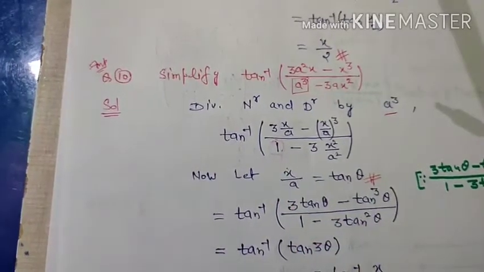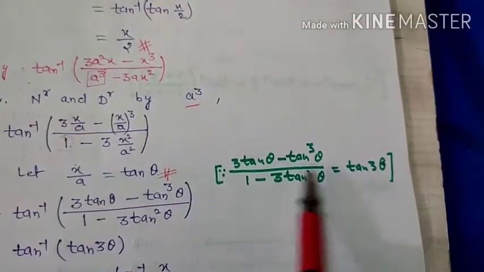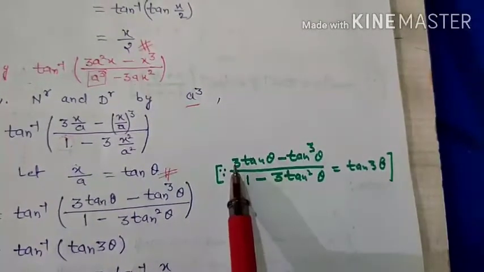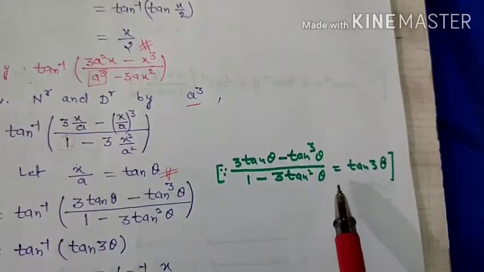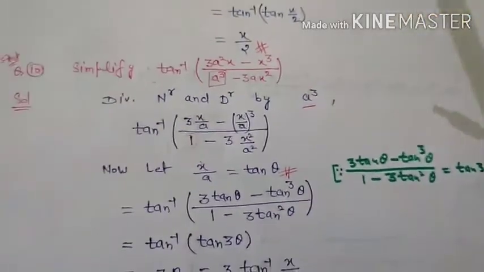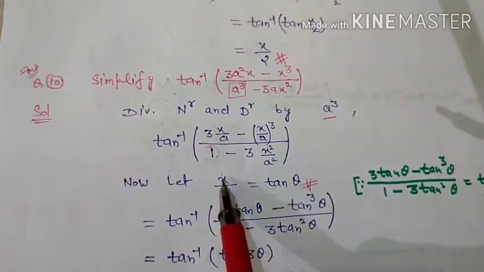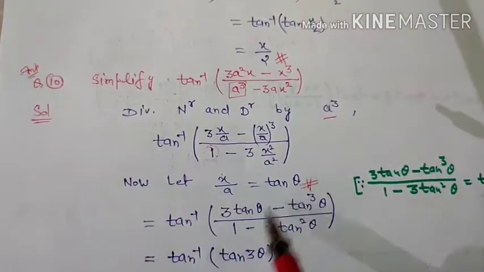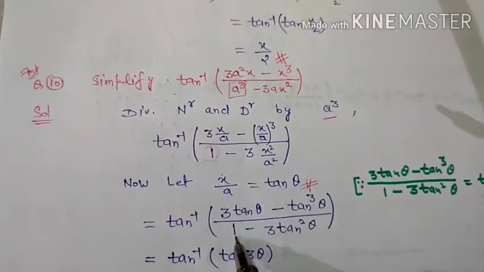The reason lies behind the formula: tan 3 theta is equal to (3 tan theta minus tan cube theta) upon (1 minus 3 tan square theta). Now we can say x upon a is tan theta. We replace the value: (3 tan theta minus tan cube theta) upon (1 minus 3 tan square theta).